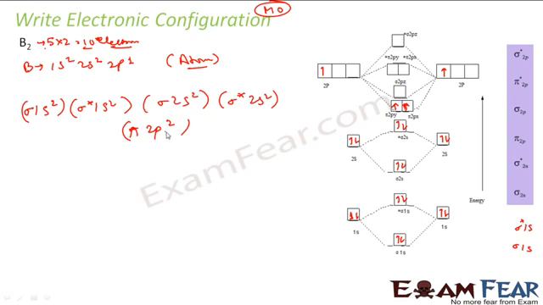One each, or you can say pi 2px1 and pi 2py1.